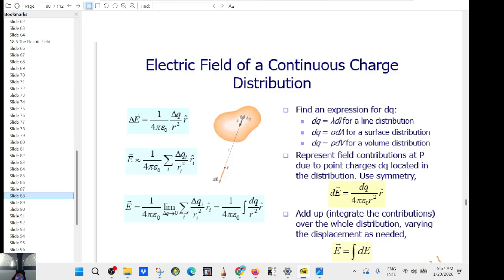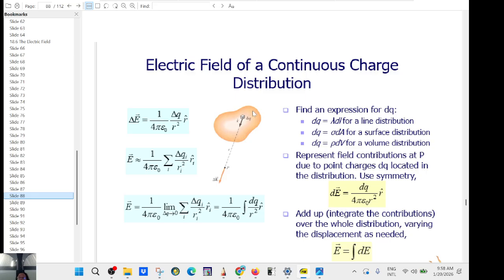It's like you scan inside every little piece here, you find the distance. And you also have to remember it's a vector, so you are adding vectors. You have to add the x component, the y component, and find the magnitude.